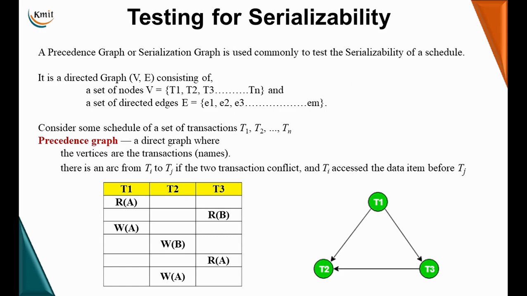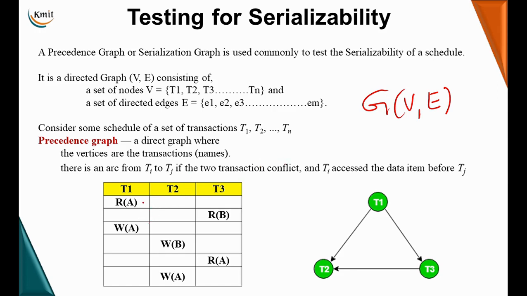It is a directed graph G of a set of vertices and edges, where the vertices V are all the transactions in the given schedule, T1, T2, T3, and the edges are directed edges, an arc from Ti to Tj if two transactions conflict, that is, for a conflicting pair.